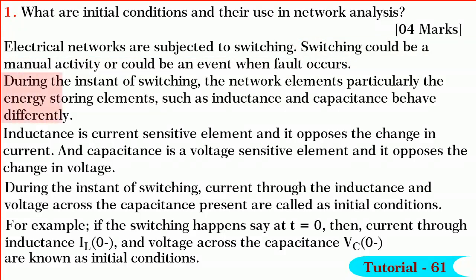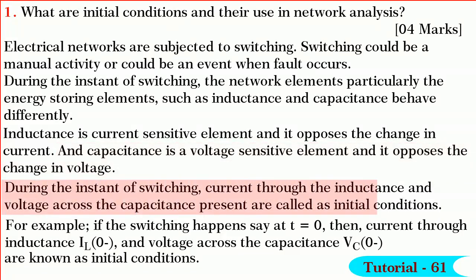During the instant of switching, the network elements, particularly the energy storing elements such as inductance and capacitance, behave differently. Inductance is a current sensitive element and it opposes the rate of change of current, and capacitance is a voltage sensitive element and it opposes the rate of change in voltage.